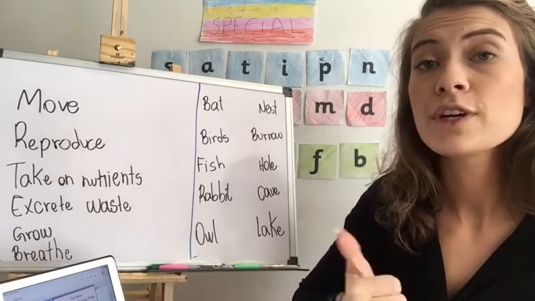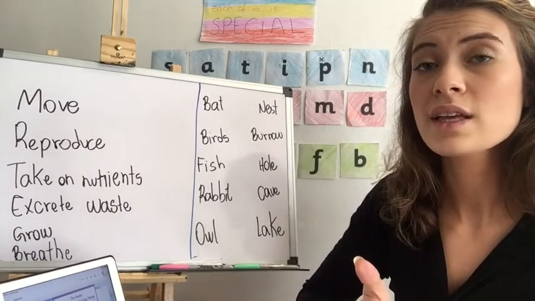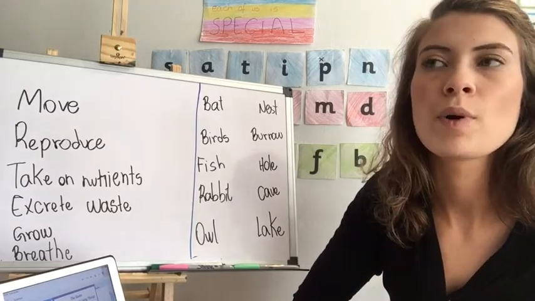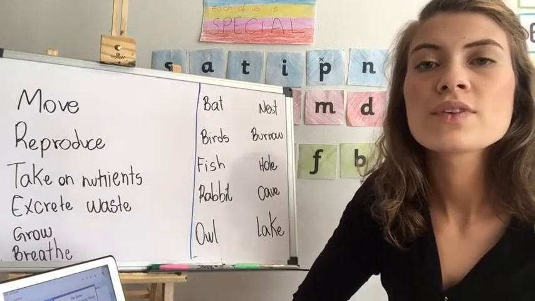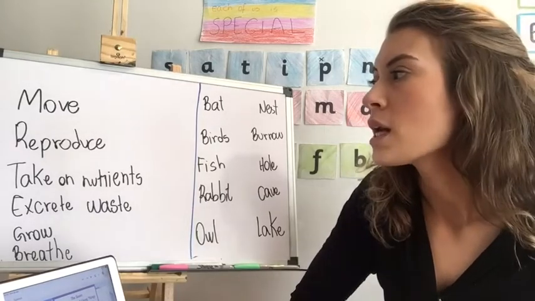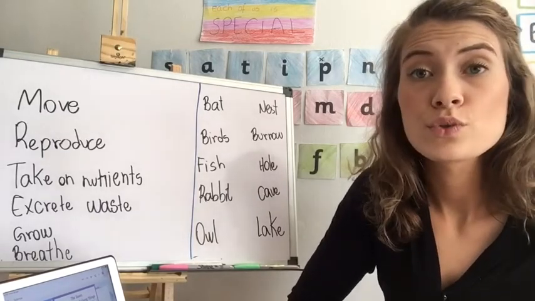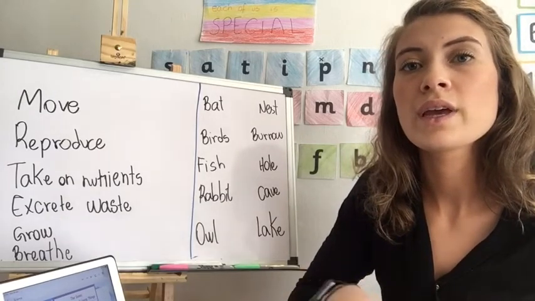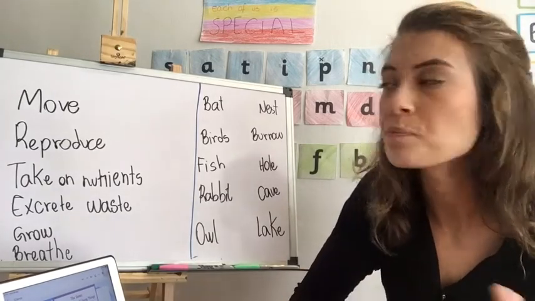The first one is that living things can move. For example, us, and animals in general, they can move. We can reproduce as well, which means that animals and us, we can have babies.